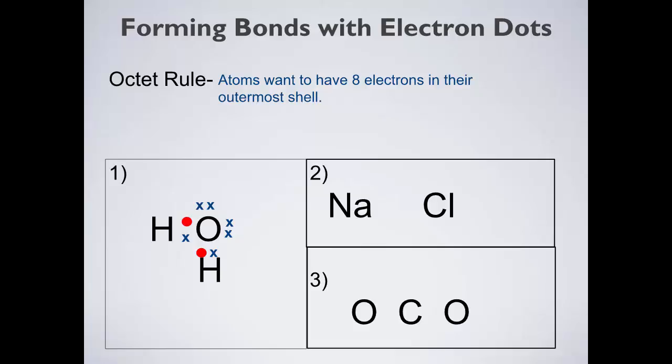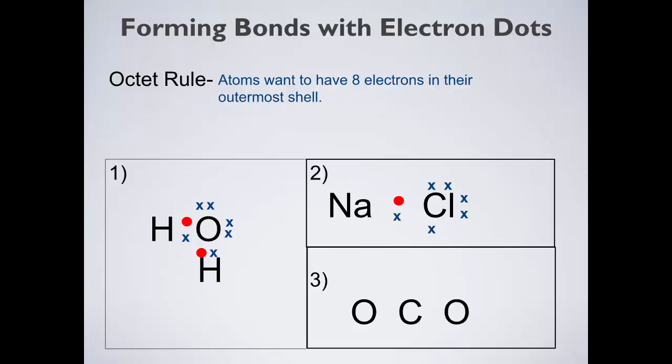Sodium and chlorine. How many valence electrons does sodium have? 1. Chlorine? 7. And again, sodium and chlorine often bond together because the sodium can donate this extra electron to chlorine.